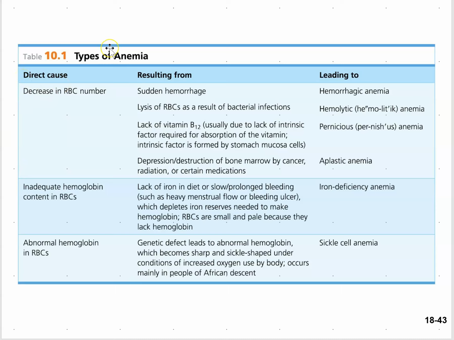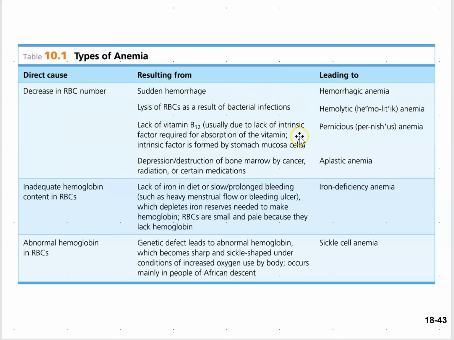But some other conditions that you probably have heard of are different types of anemia, like hemorrhagic anemia, which causes sudden hemorrhage in the blood.